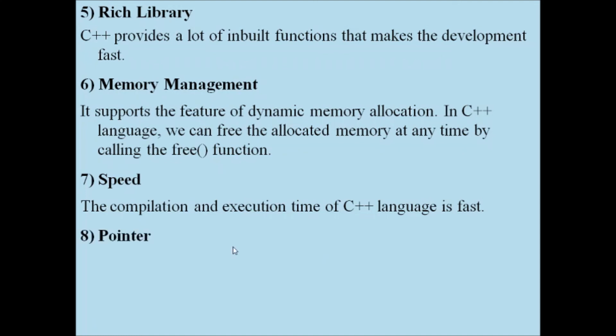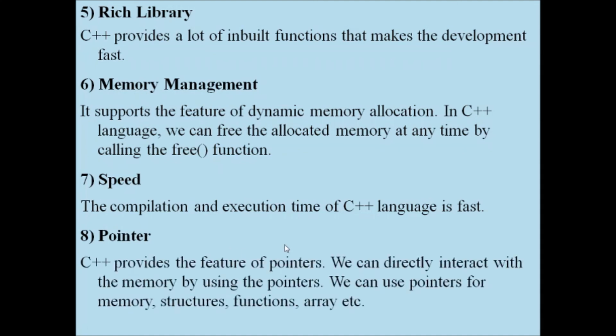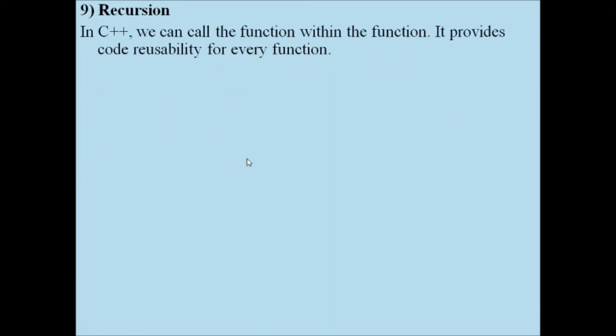And next feature is pointer. The language has the concept called pointer. Using this pointer we can reach the memory directly, and also it works with structures and functions. So for all these things we can use pointers. Next feature is recursion. We know that recursion in the sense a function calls itself. If a function calls itself, then it is called recursion.